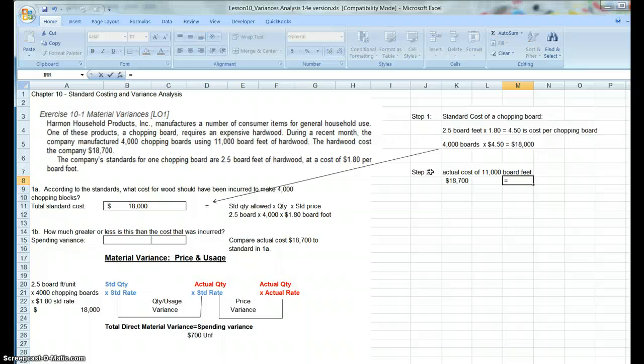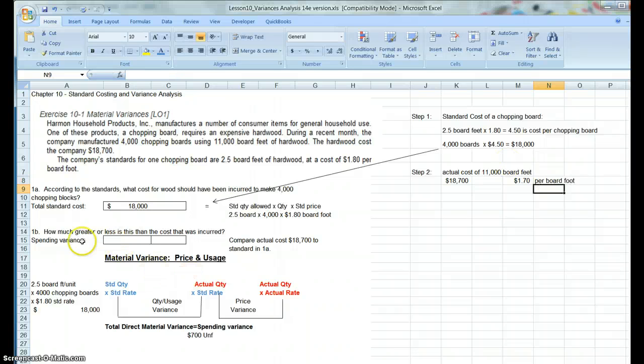At this point, I want to take that $18,700 and divide by 11,000 just to figure out what my per board foot rate was, and it came out to $1.70 per board foot. I'm doing that because I want you to keep that in mind, as in a few minutes we'll use that.